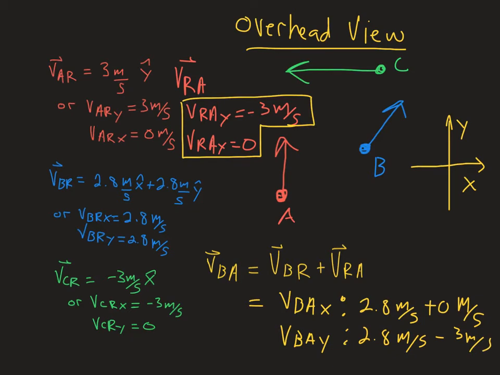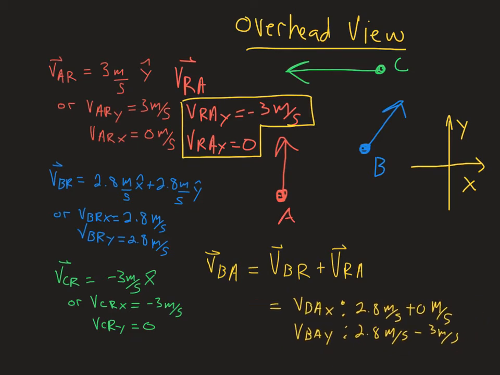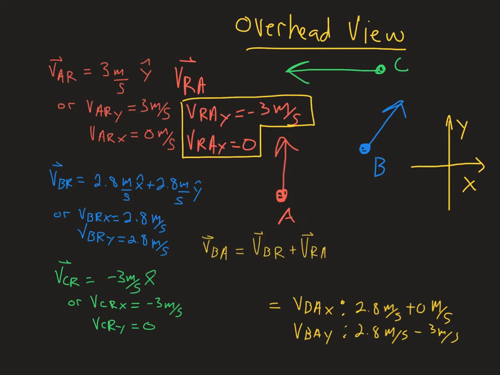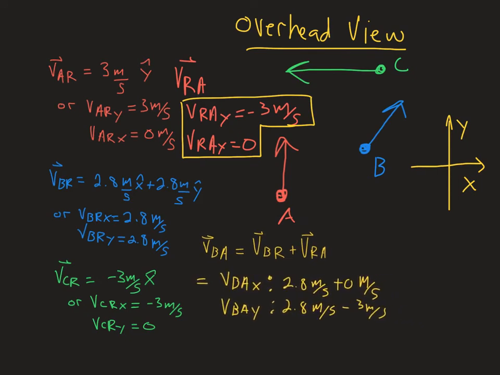Okay, let's see if we can make that smaller. Move those a little bit. All right, and then we'll find out the entire sum there of each of those components. This one's just going to have 2.8 meters per second, but this one is going to be equal to a minus 0.2 meters per second. Let's box that.